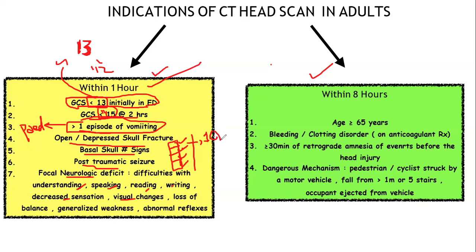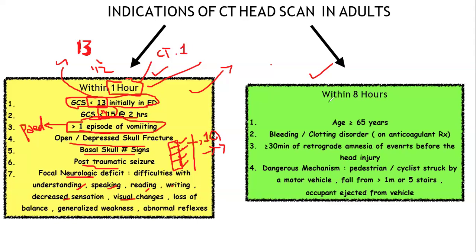You don't have to memorize two tables. You can combine the common factors and additionally note down the differences on the sideline. So this was the criteria for CT within 1 hour, and the most important thing is that when you are advising the CT within 1 hour, you should make sure that you get the CT report within 1 hour also.